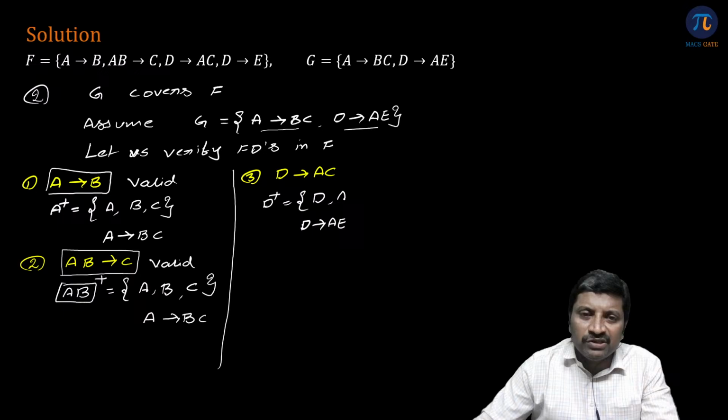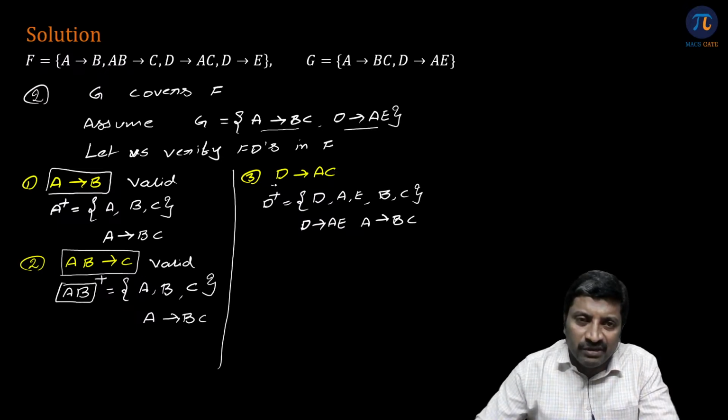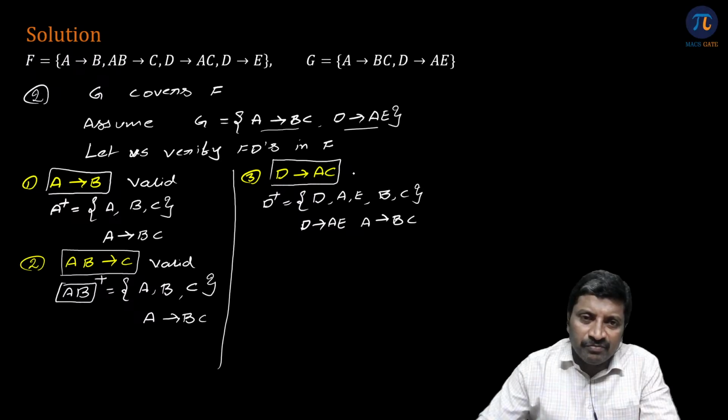Using this, I can find A, E. I have one more functional dependency: with A, I can get BC. Am I right, sir? So we can get BC. That means we are able to get all the attributes with the help of D. So this is valid.